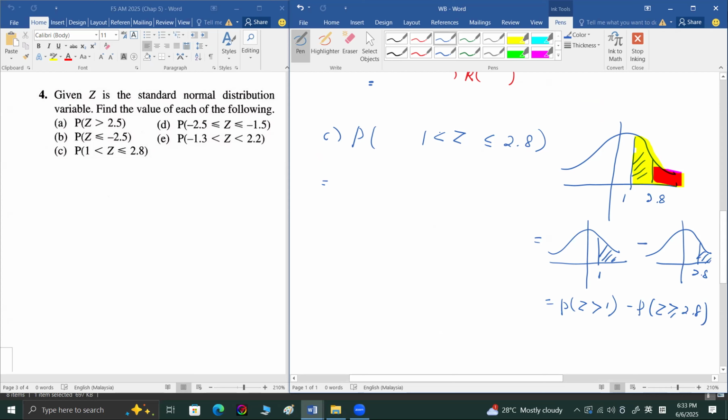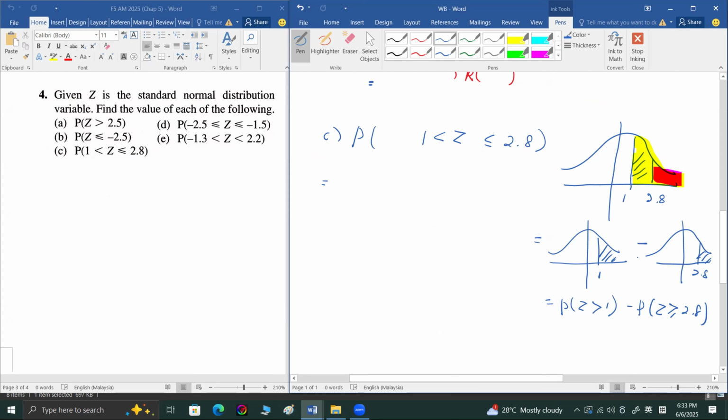It doesn't matter for this. Maybe you ask whether it is including or equal or not equal; that one you leave first. You assume that it's the same. Now you apply with the calculator and see: 1 and 2.8. Left side is 1, right side 2.8.